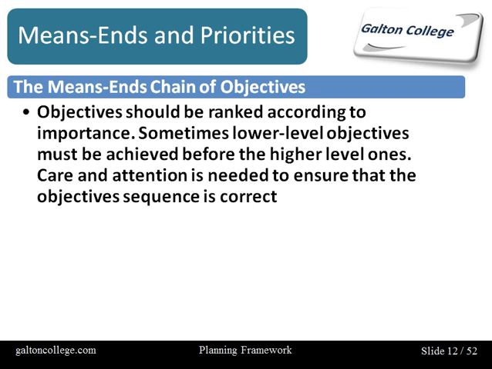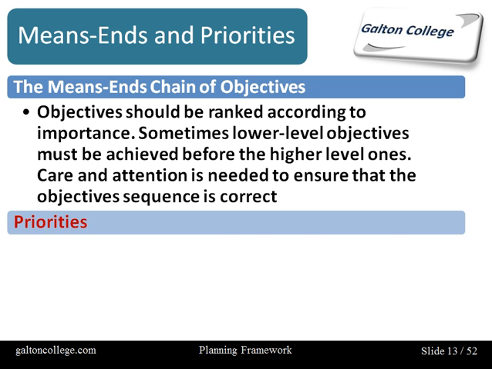But whatever, the point is that care and attention must ensure that the objectives are in the right sequence. Objectives must be ordered according to their priority. And if one is a prerequisite to the next, then it must come before the next. Otherwise, that chain is broken.